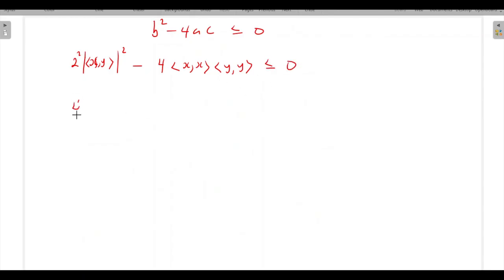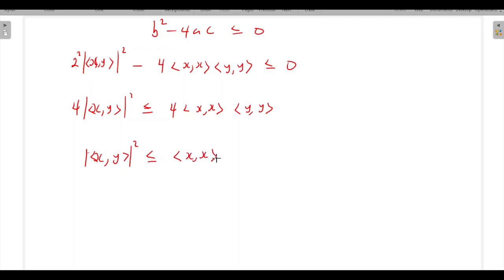When you square 2, you have 4 into the inner product of x, y squared. When you take this part to the right hand side, you have 4 times x, x, then y, y. Now, they have 4 in common. When you divide all through by 4, you have the absolute value of x, y all squared less than or equal to x, x times y, y.